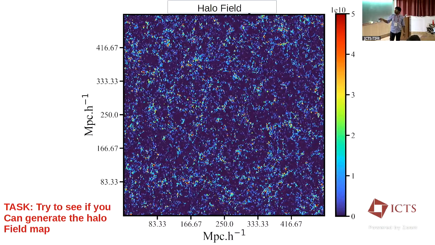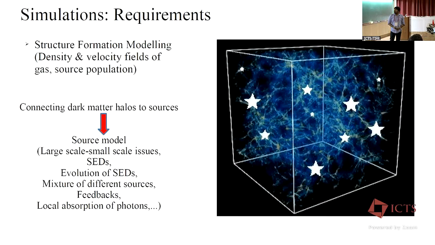And the color bar is showing the mass of each dark matter halo. Now we need to know what type of source actually is inside the dark matter halo. That could be a galaxy, that could be a galaxy which also hosts high mass X-ray binaries, that could be a quasar, depending on your source. Depending on the type of source, the SED, spectral energy distribution, will differ.